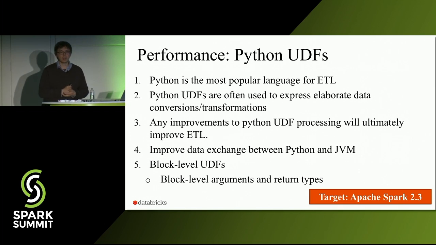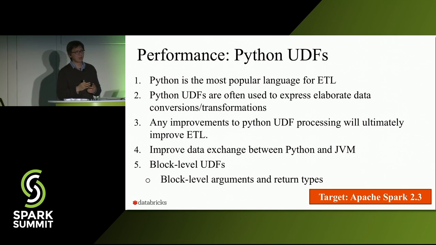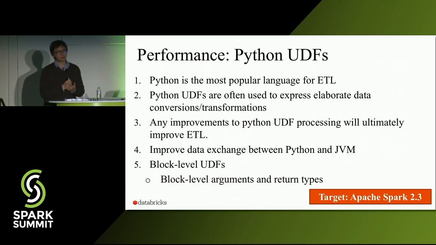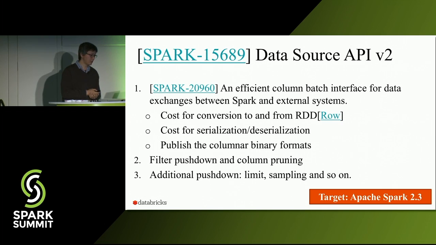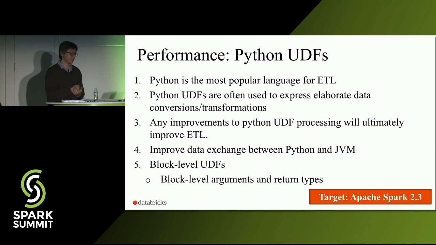For the Python UDF, the previous talk showed some ideas on how to do it using Arrow. Here we have a slightly different plan. After we publish our public format, it will also benefit the Python UDF.